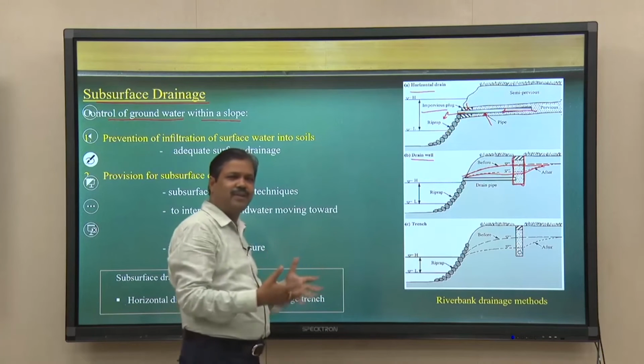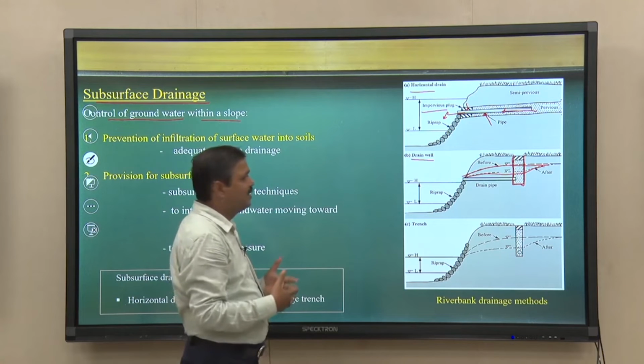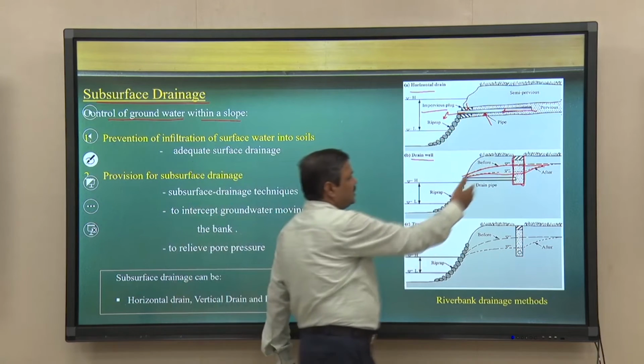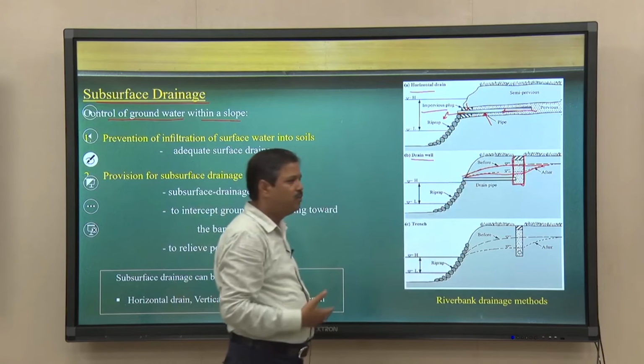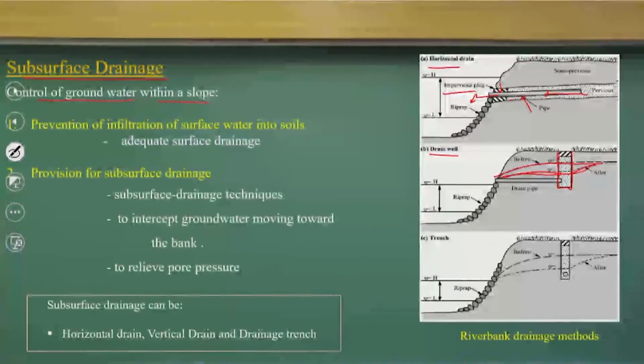Nowadays many numerical software packages are available, where you can see how effective the subsurface drainage is, but theoretically you can know it will happen like this. So, we can have a drain pipe, and a well to collect all this water, and you will have a stone riprap or the Gaussian matrix.